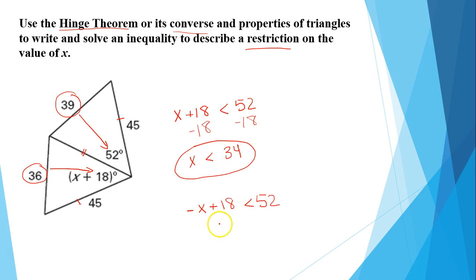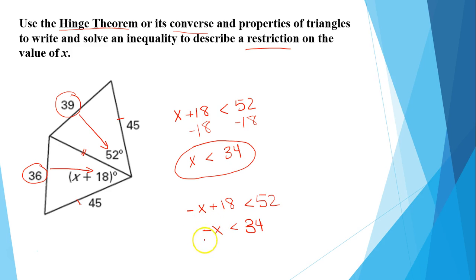And we subtracted 18 from both sides. Sorry, that would be 34. Now, this right here is not positive x. We always have to have a positive variable on one side of the inequality for it to be solved.